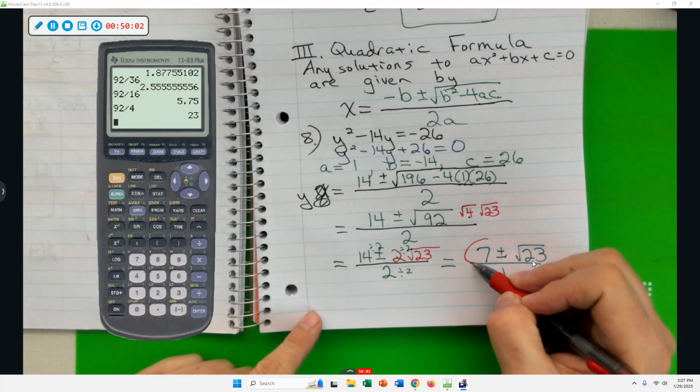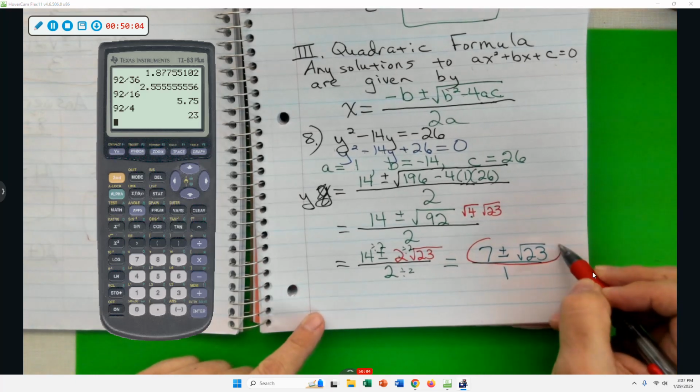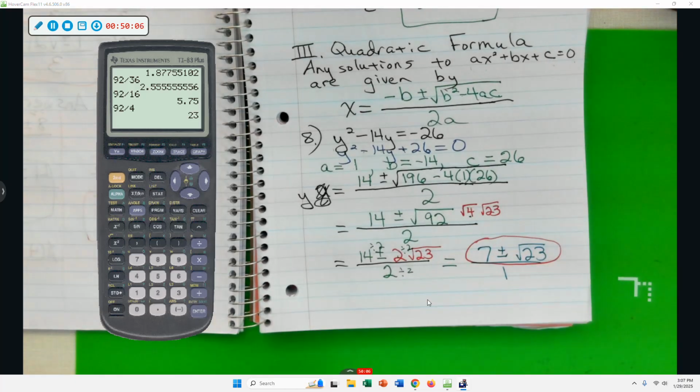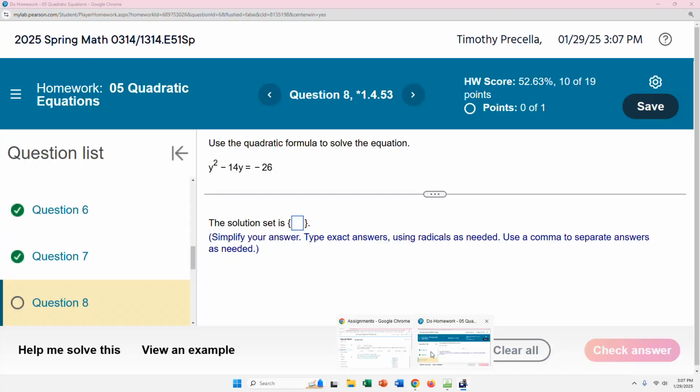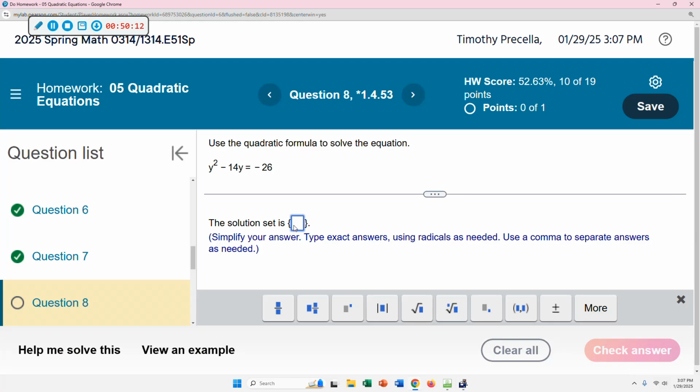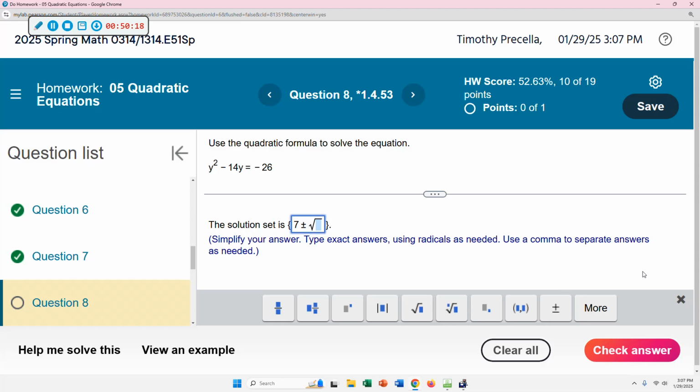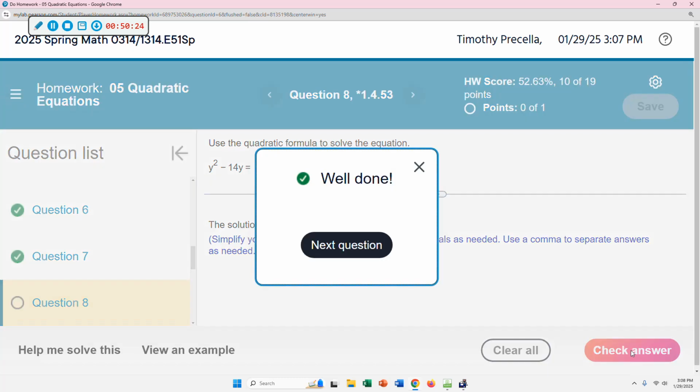Here's the answer: 7 plus or minus the square root of 23. Any questions on my logic there? Any questions there?